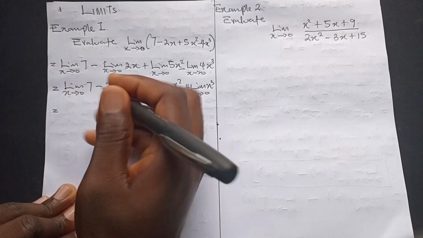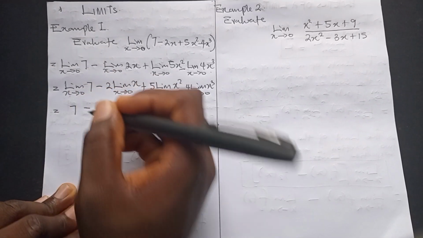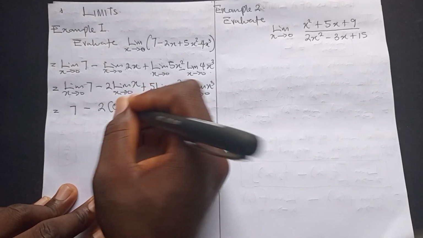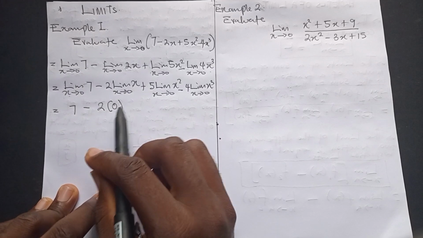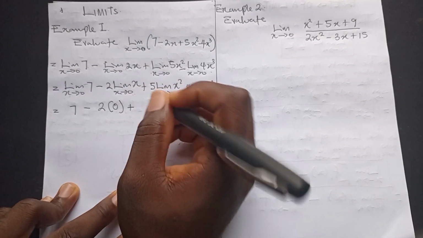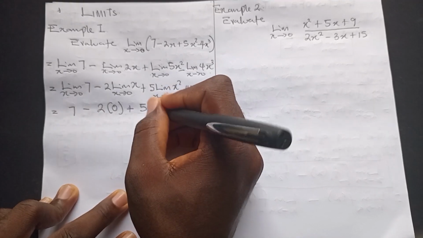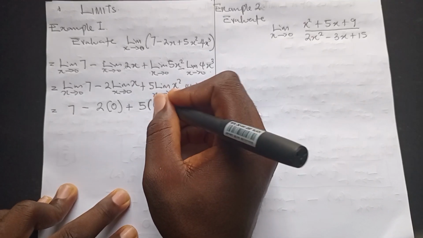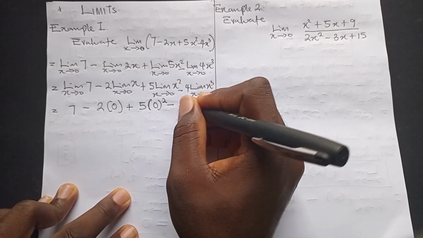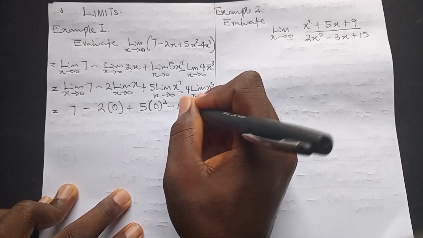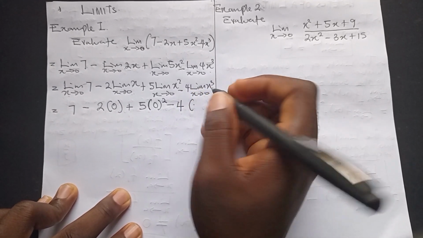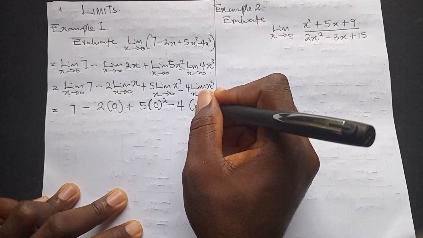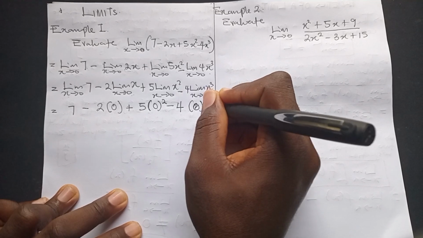Here, since there is no x, we have 7 minus 2 times 0, replacing x with 0, plus 5 times 0 squared, minus 4 times, wherever you see x, like I said, you put 0, so we have 0 cubed.